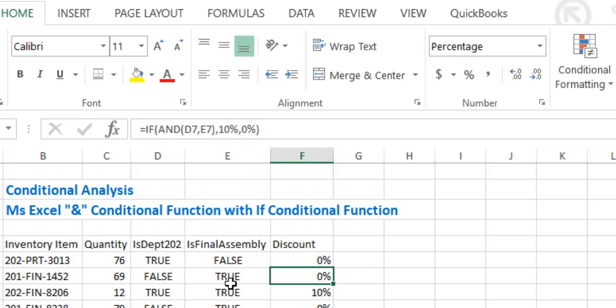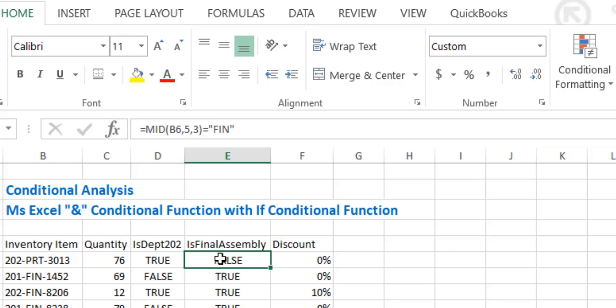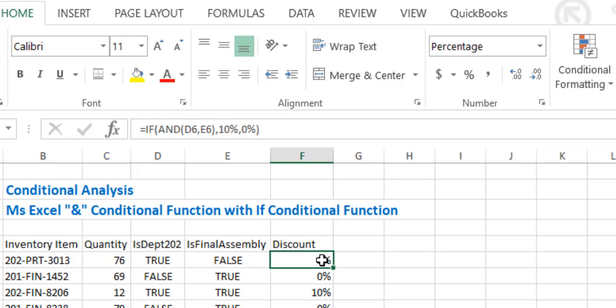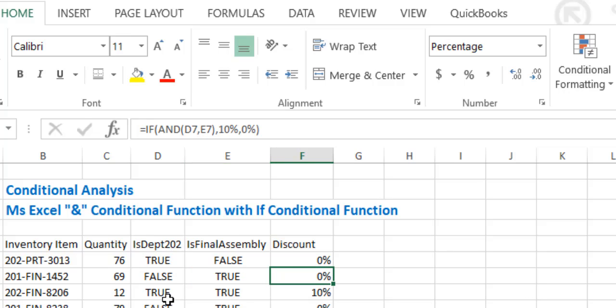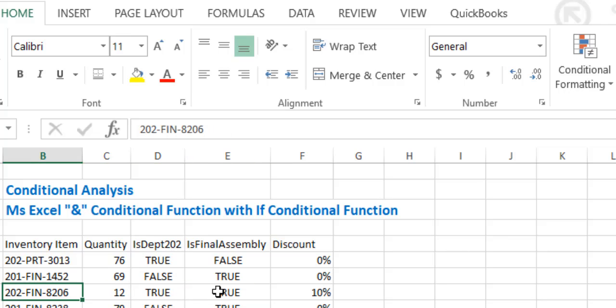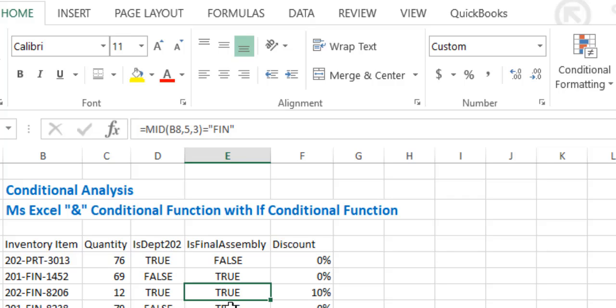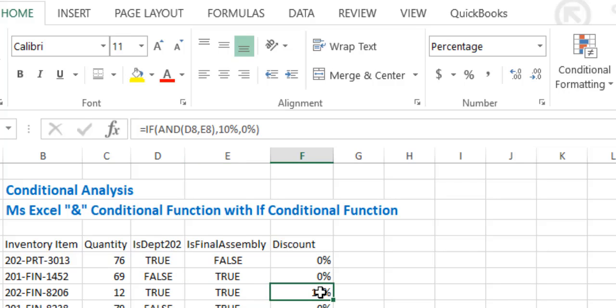So in our data, here the first condition is true but the second condition is false, so 0 discount is given. The same way here, the first condition is false, the second is true, but the discount is 0. And here we can see that both of the conditions are true. The first 3 characters are 202, the second, fin, final inventory, is also true, so the 10% discount is offered.